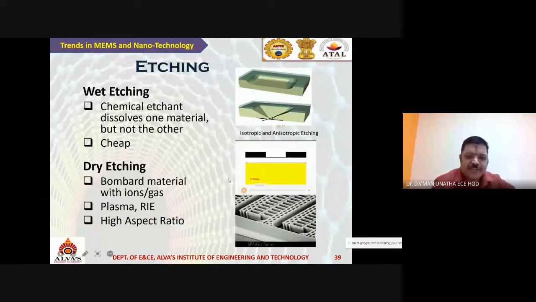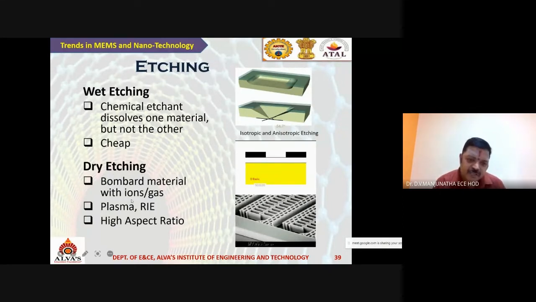Etchant is a material which etches out the softer parts of the wafer, right? This is a cheaper technology to etch out the unwanted material from the wafer, right?